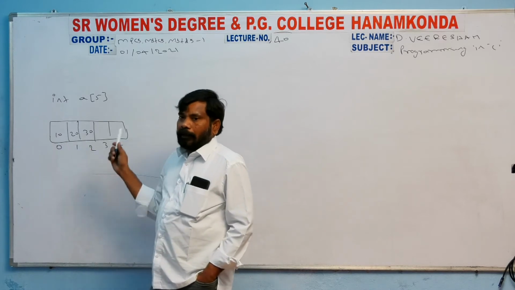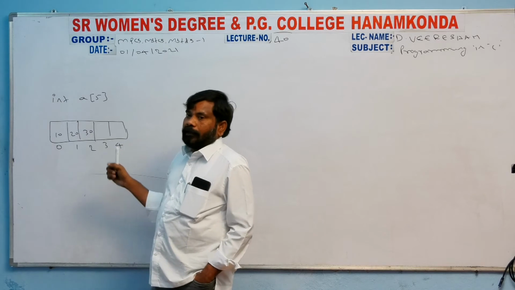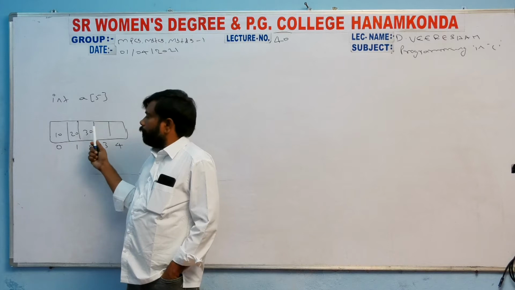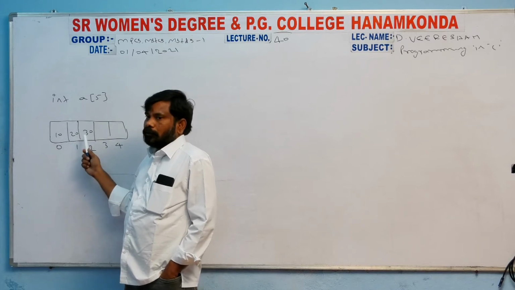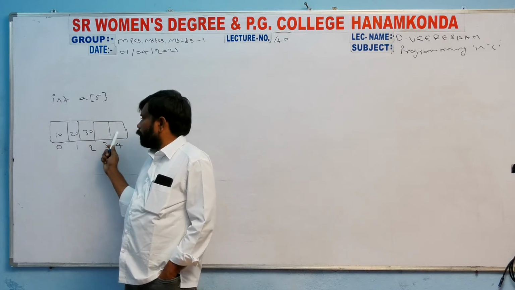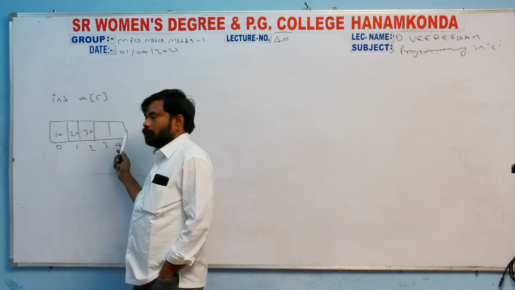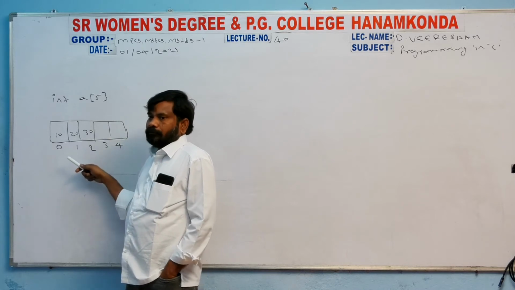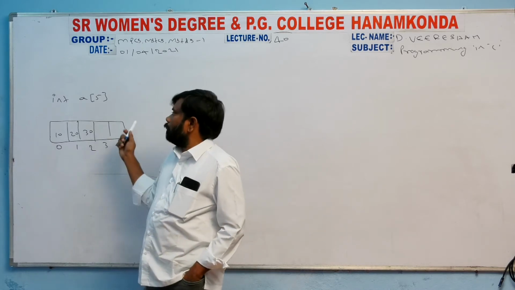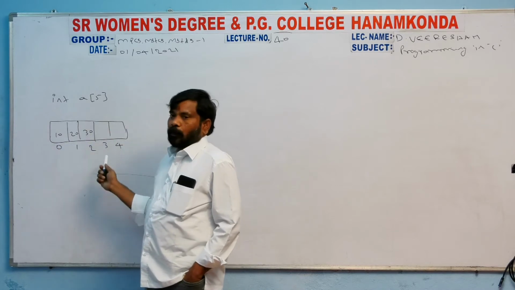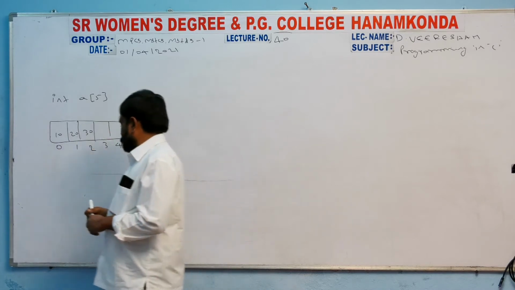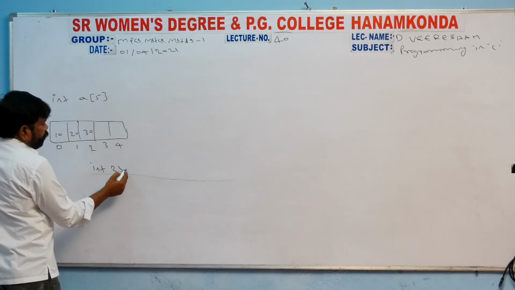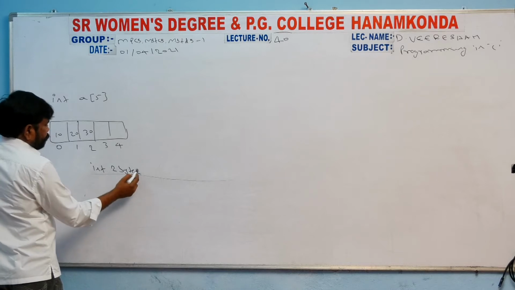But already in arrays we said there is one drawback. What is the drawback? If you store 1 value or 2 values or 3 or 4 or 5, means if you store all the values in this memory block, or if you store less than that, in both cases it is going to take the memory of 5 values only. I declared integer, and integer means 2 bytes.